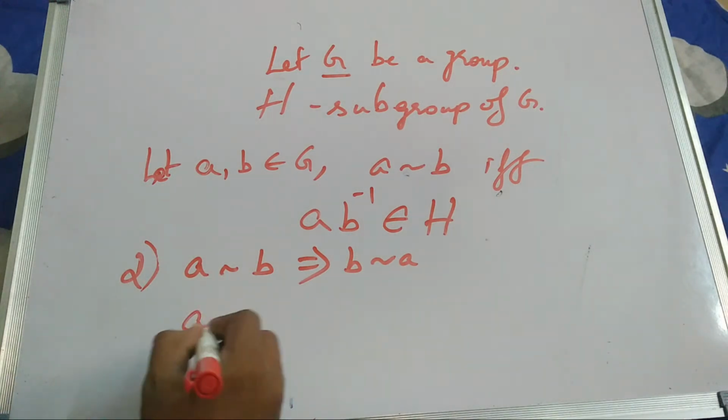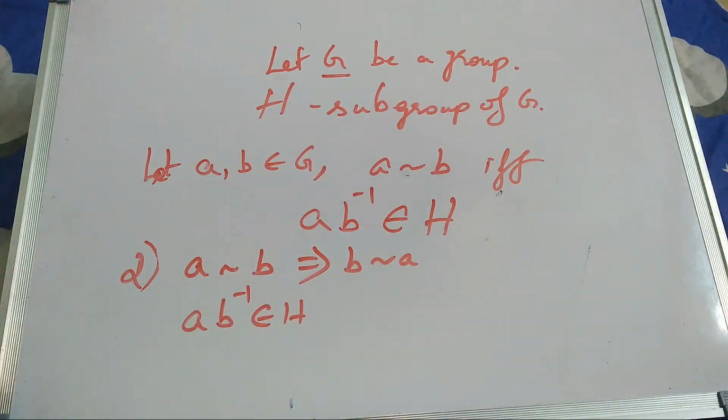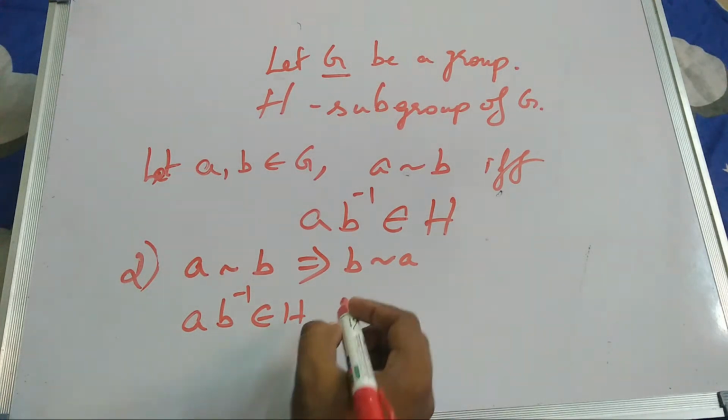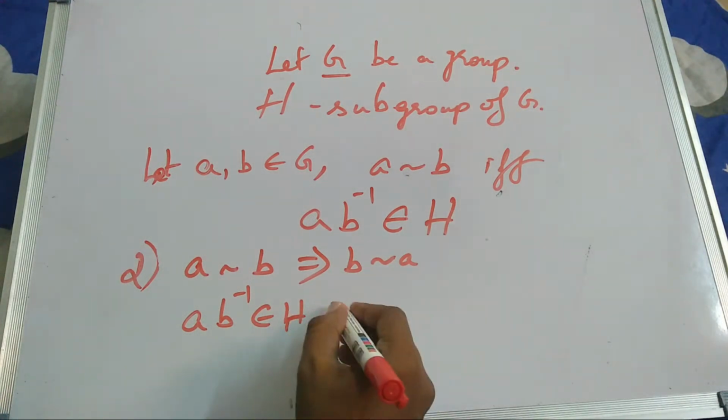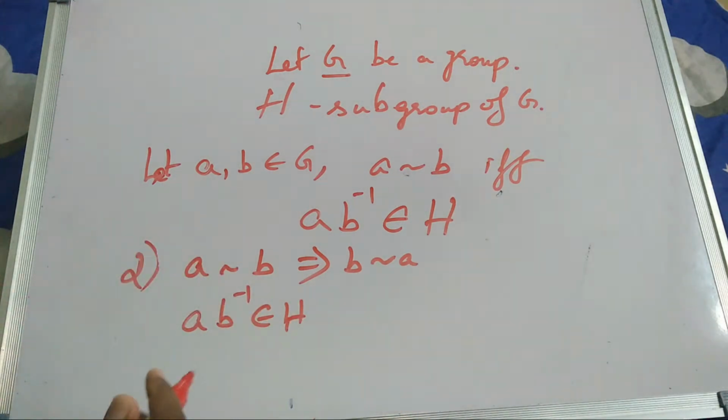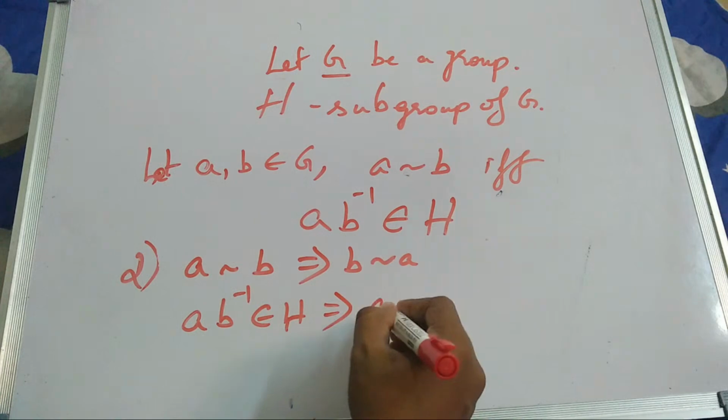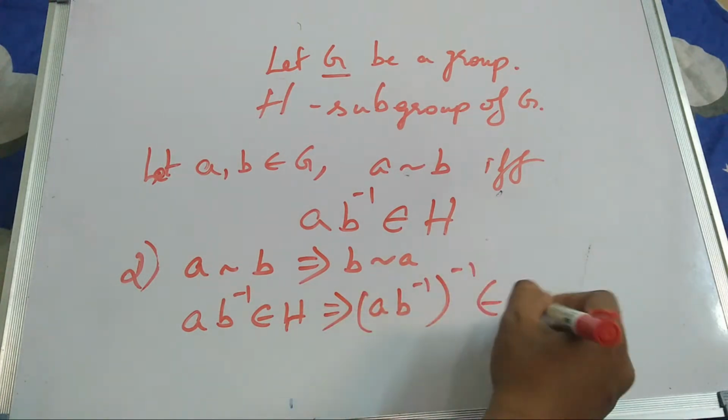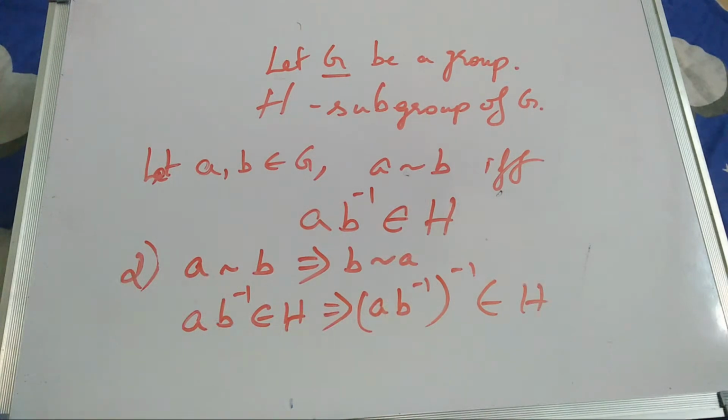Since a is related to b, a b inverse belongs to H. Since H is a subgroup, its inverse is also in H. If you are clear with the basic properties of a group, this would be nothing but b a inverse, which belongs to H, because this is b inverse, the whole inverse, times a inverse, which is b a inverse, and this implies b is related to a.